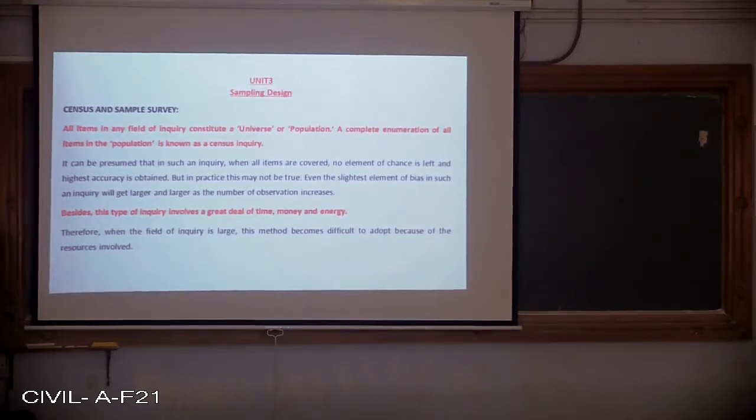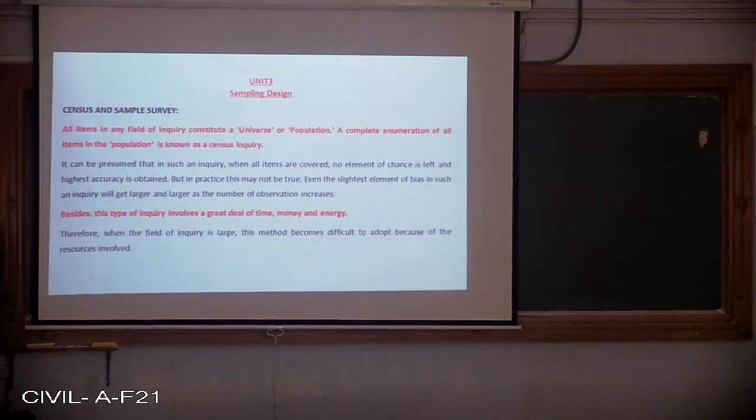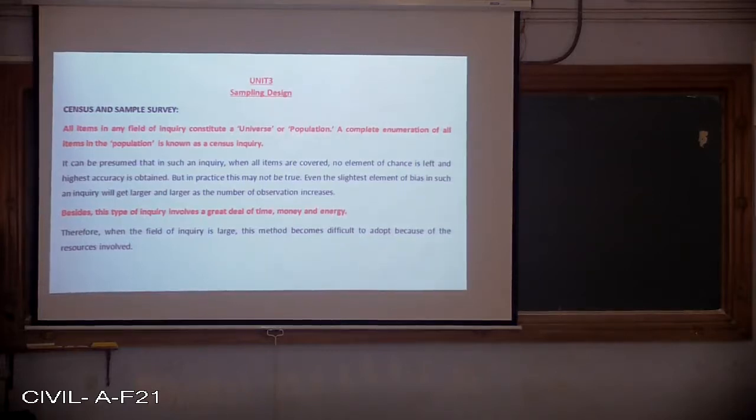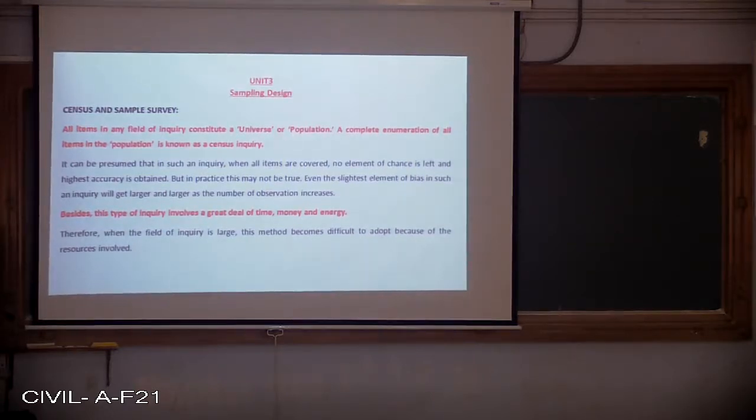All items in any field of inquiry constitute a universe or population. A complete enumeration of all items in the population is known as census inquiry. So we are talking in terms of global level here. We are talking in terms of universe, in terms of population. We may not understand what exactly they are saying, sampling design. Later with some examples I'll tell what this exactly means.